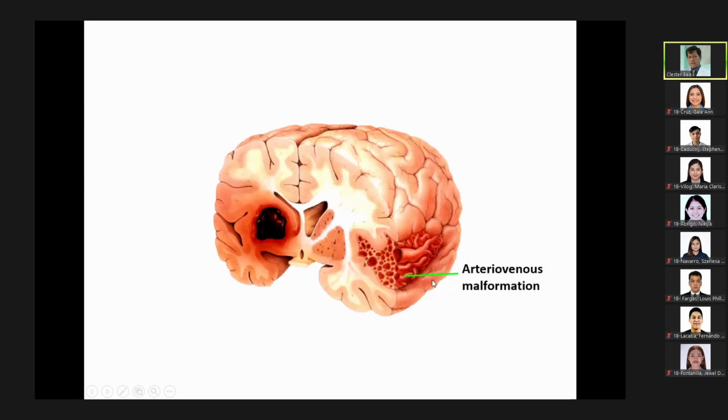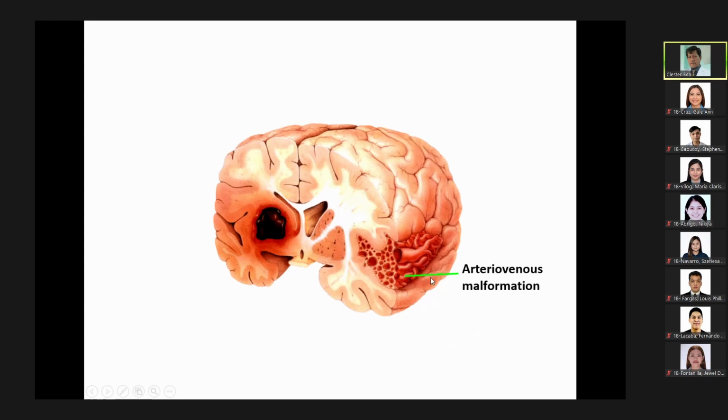This is also another pathology involving blood vessels in the brain, your arteriovenous malformation. These are abnormally large caliber blood vessels. You can consider them as a congenital formation of the blood vessel. And since they are abnormal in size, they can also be prone to rupture.